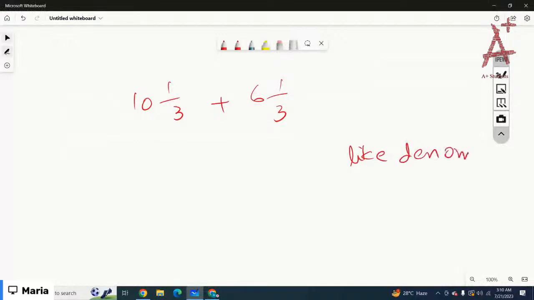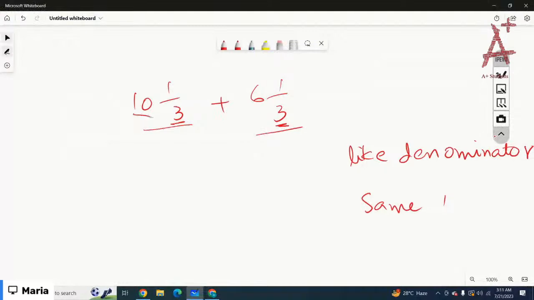Who knows the answer? What is the meaning of like denominator? This is the denominator. Like means same denominators. So you can see both the numbers have the same denominator. So if the denominator is the same, you simply have to add their numerators.